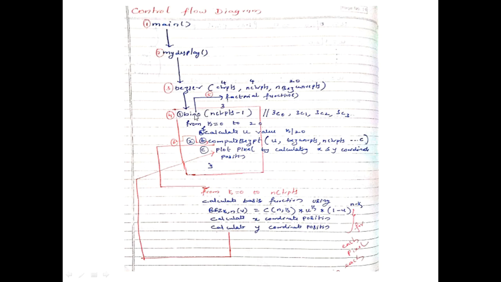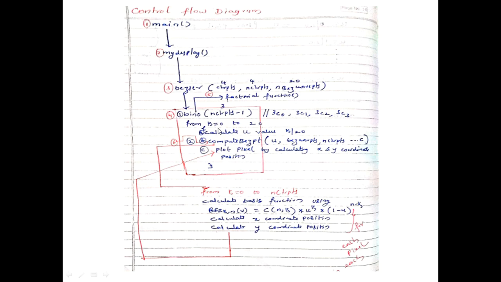So the Bezier curve function calls the binomial user defined function, and the binomial function calls the factorial function to find the factorial of a given number. The binomial coefficient function returns the results of 3C0, 3C1, 3C2, and 3C3.